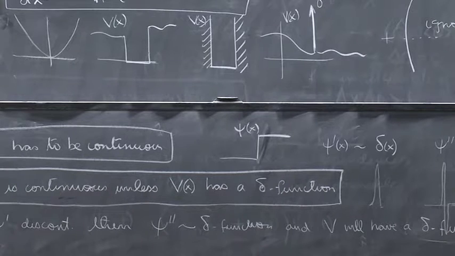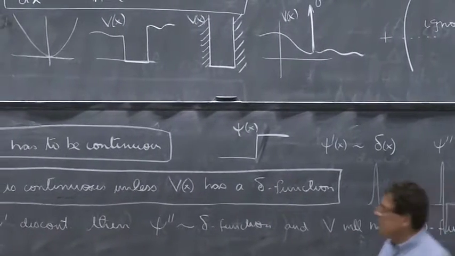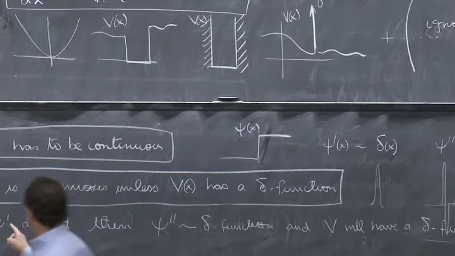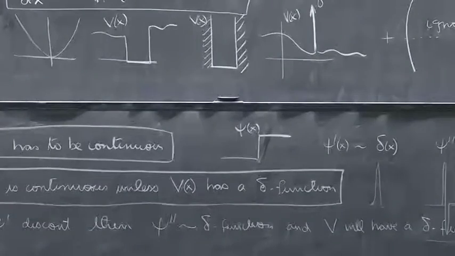And for these slightly more complicated problems in which the potential has a delta function, you will have a discontinuity in psi prime, and it will be calculable, and it's manageable, and it's all very nice. Now it looks a little complicated, and everything is kind of mixed up, but you will see that it's quite doable.